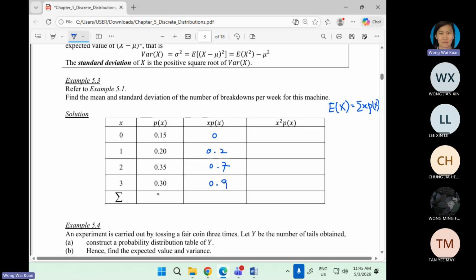When I sum this, I get 1.8. So I have the mean as 1.8.